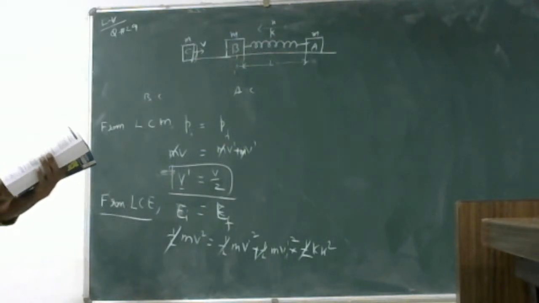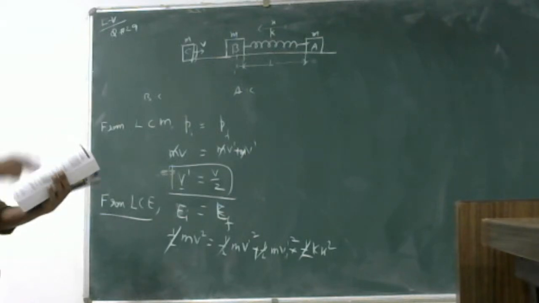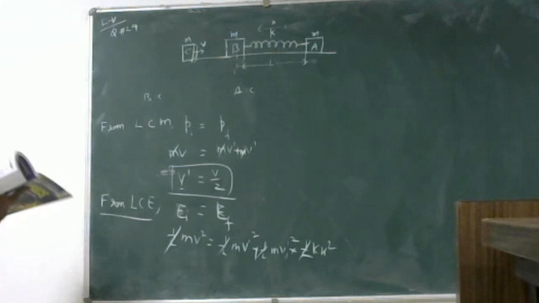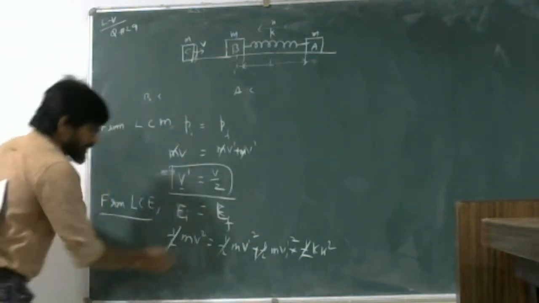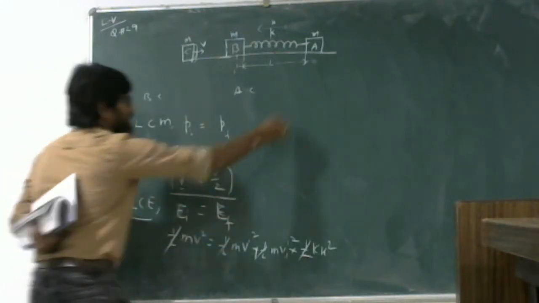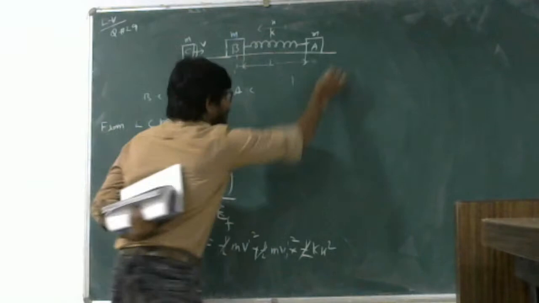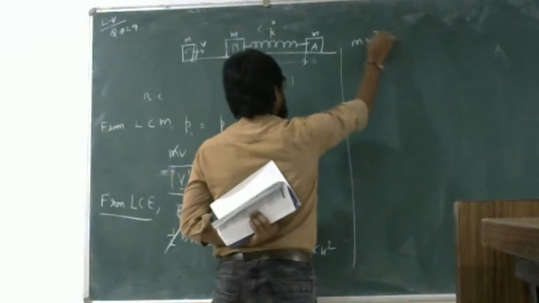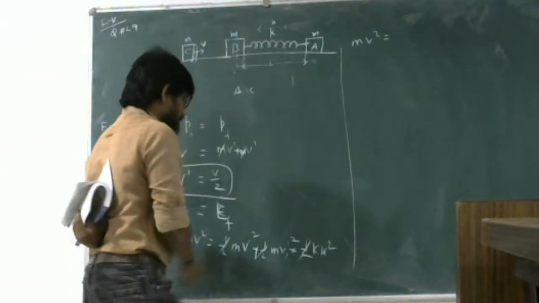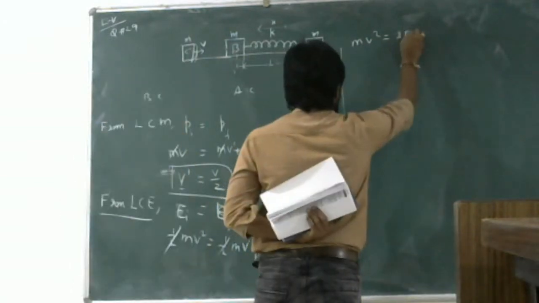For the maximum compression, observe which options are correct. The maximum compression you can calculate by substituting the v dash value: m v square is equal to m v dash square plus m v dash square, which is 2 m v dash square, where v dash is v by 2.